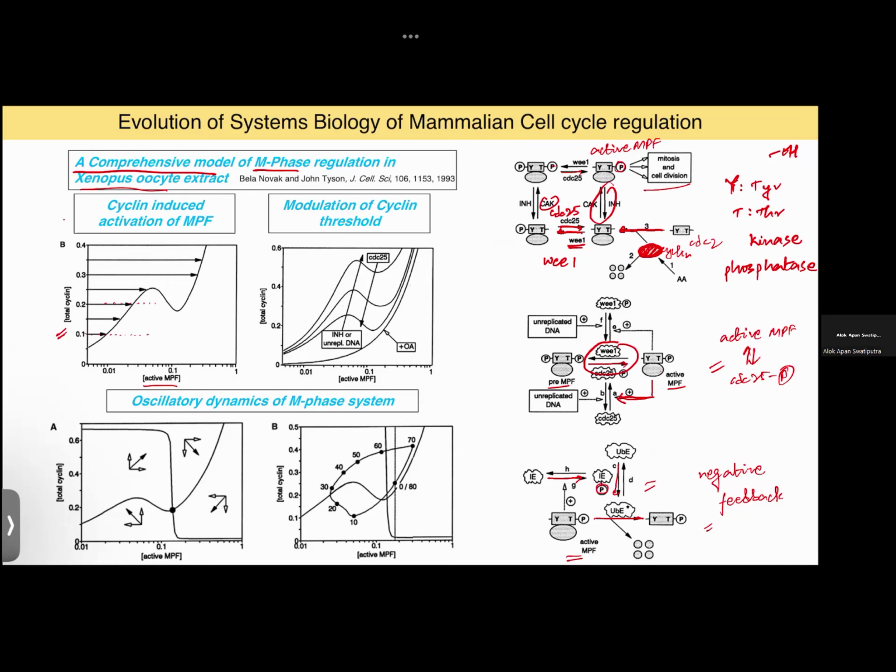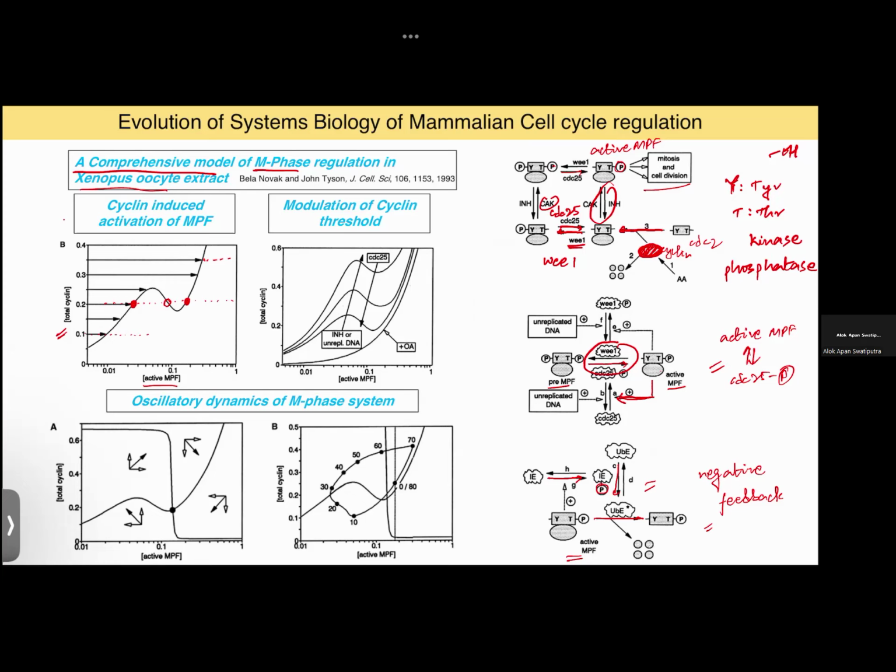If you go for intermediate regions, you will have three steady states: stable, unstable, stable. And if you further go for higher cyclin concentrations, you will have only one stable state. This is again your bistable.